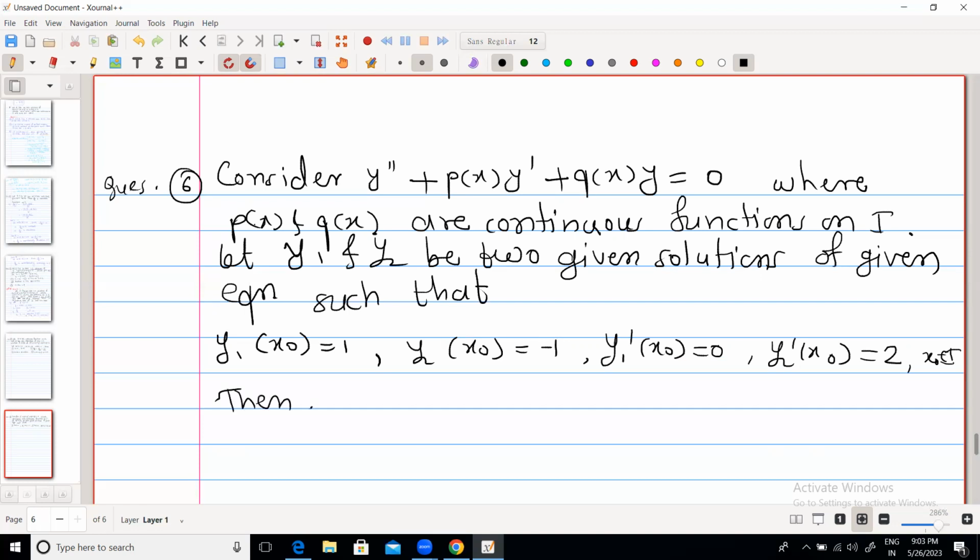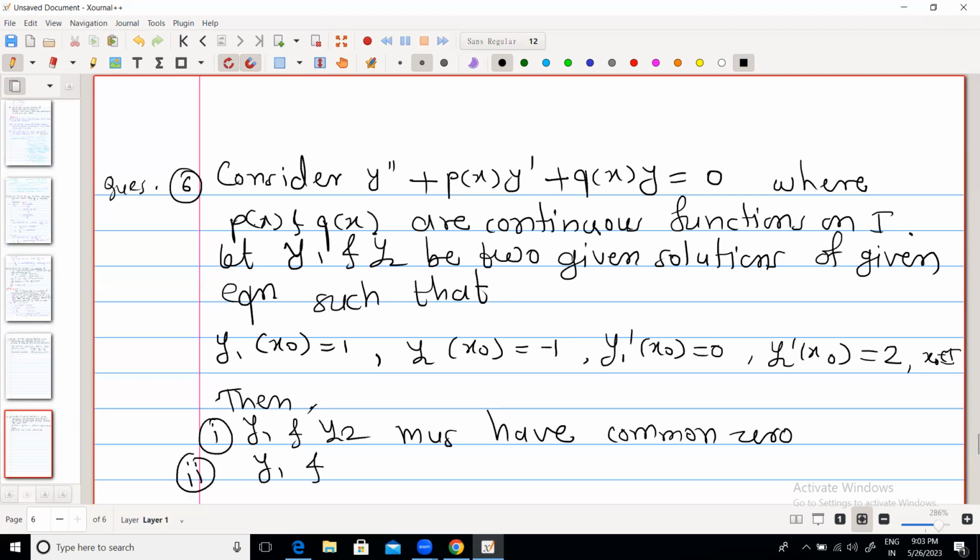Then first one, y1 and y2 must have common 0. Second, y1 and y2 may have common 0.